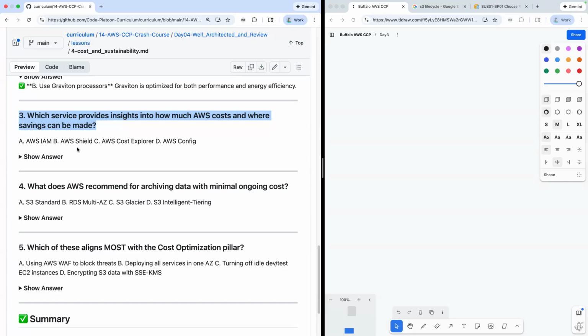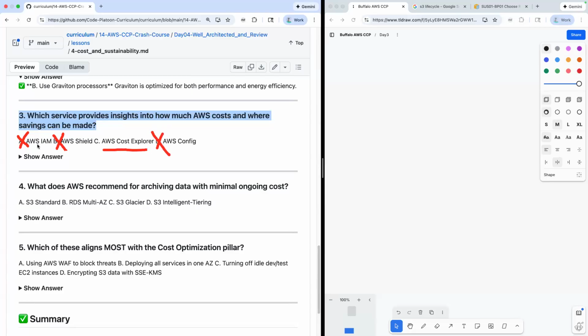AWS IAM, I don't believe, has more to do with authentication, not really costs. And then you got AWS Shield, that's more of protecting your server from attacks, so it has really nothing to do with costs. You got Cost Explorer, that might be an option, and you got AWS Config. So AWS Config is really just like configuring your service and your server. So I'll go with C, AWS Cost Explorer.